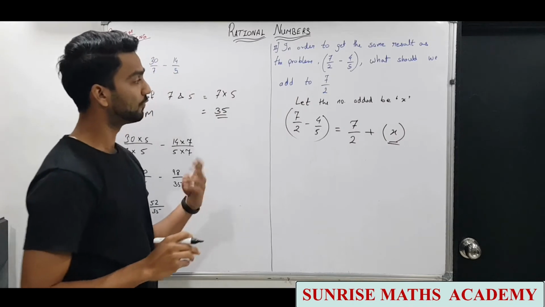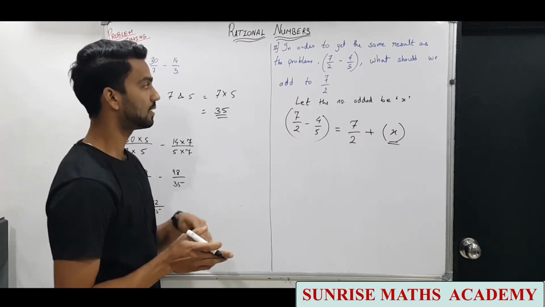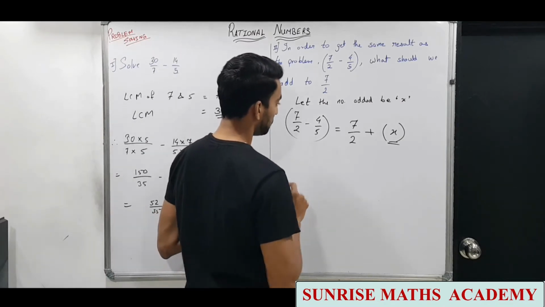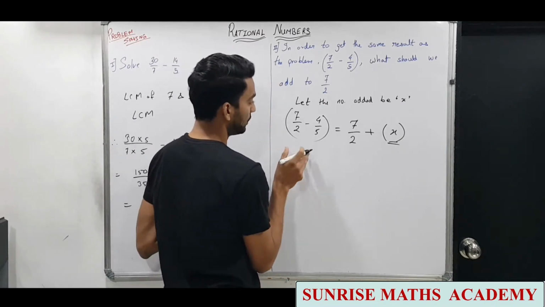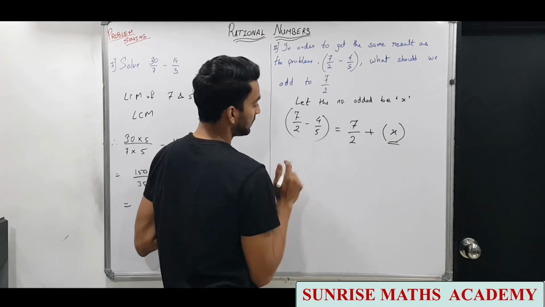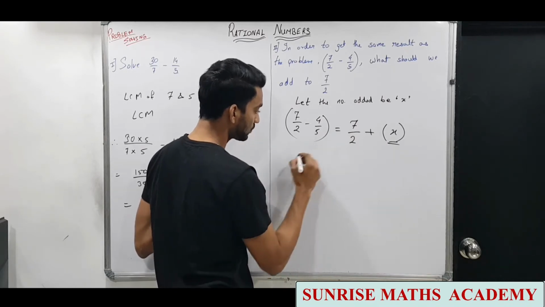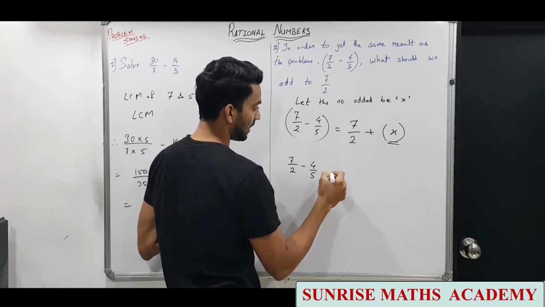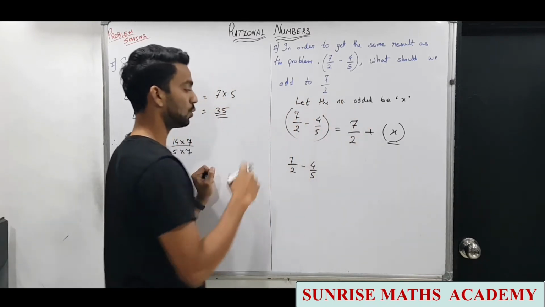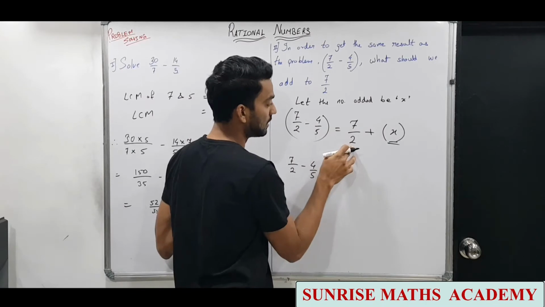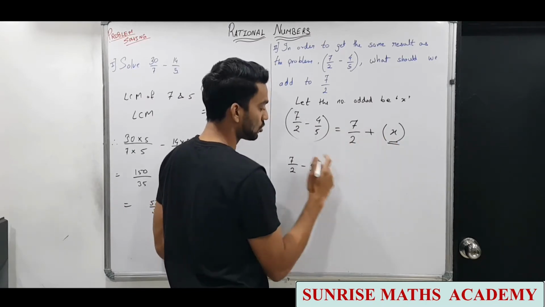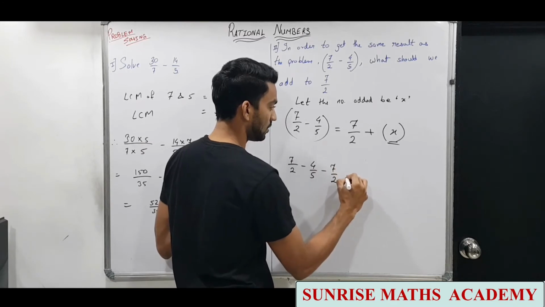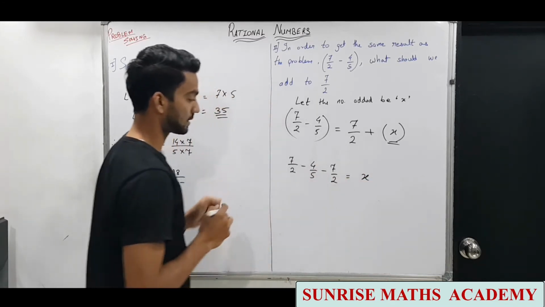It can also be done a different way. First we'll solve it like this and I'll tell you how it can be done in a different way. So here, for finding this x, 7 upon 2 minus 4 upon 5, I am first bringing this 7 upon 2 on this side. So here it is adding with the variable x, so on this side it will be subtracting, equals to x.